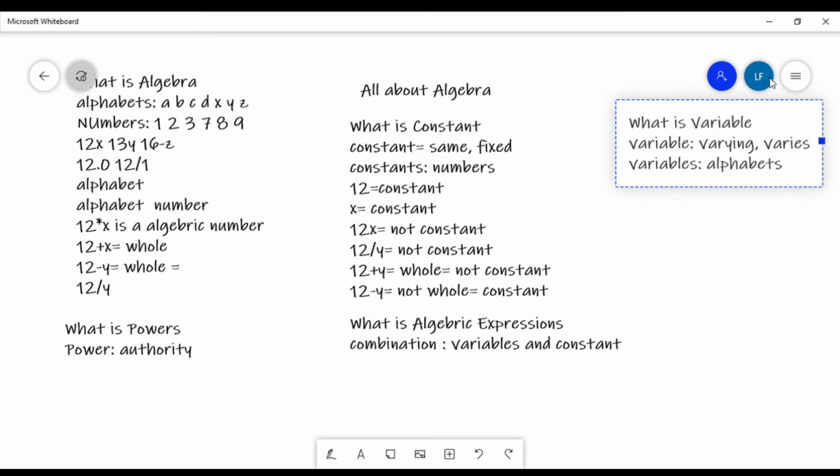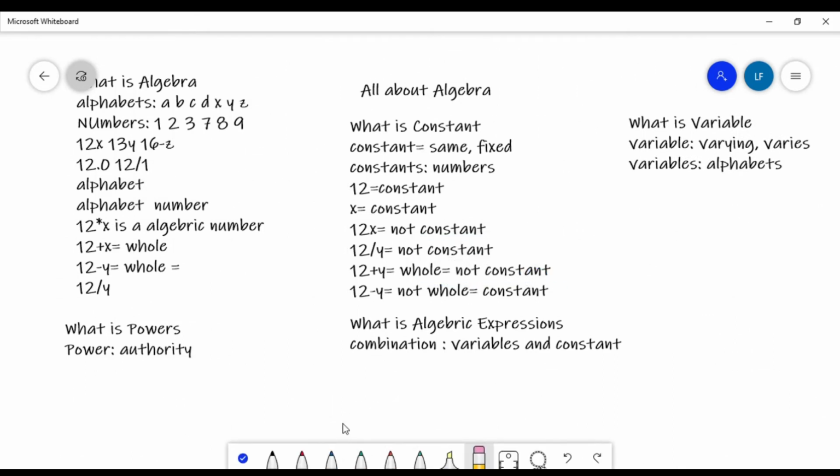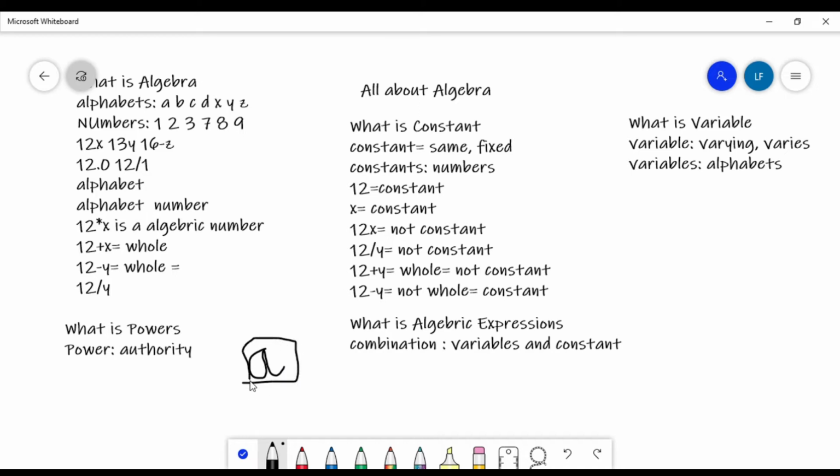Because if we take a look at it in a pencil, A, right? This is A. But we can take the same lines which are making A, and we can change it into 1. We can also change it into 2.